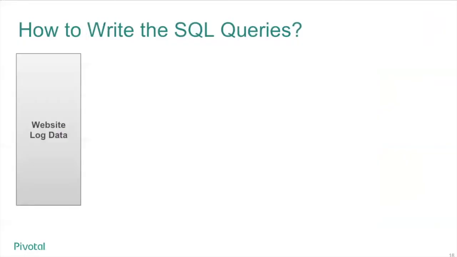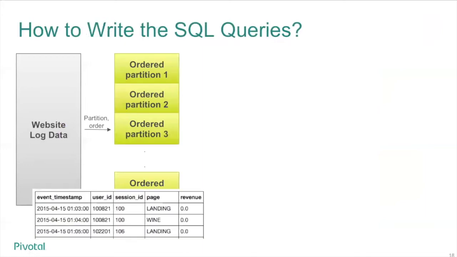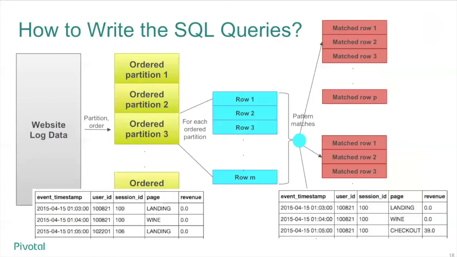Well, what would the steps be? First thing we need to do is order and partition our data. So SQL can do that. That's reasonable. But after that, we need to, for each of the ordered partitions, look across that set of rows and extract the matched patterns.